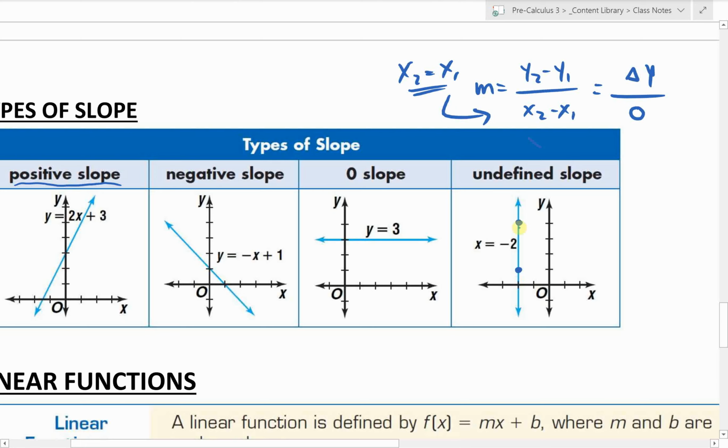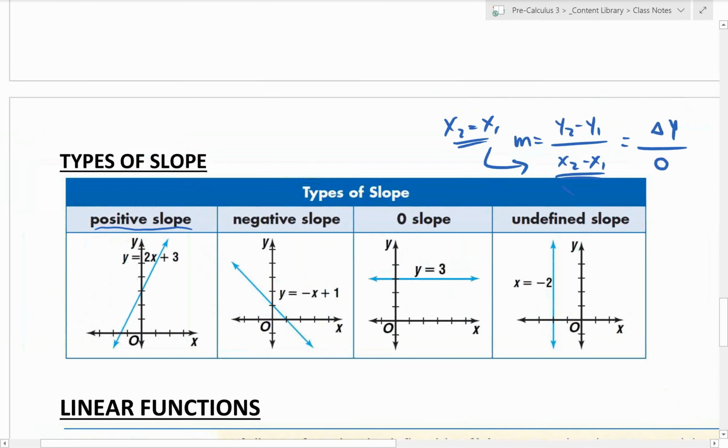If you have two points with the exact same x coordinate, that forces you to draw a vertical line. So when we say an undefined slope, we really just mean a vertical line. And the vertical line is given by x equals some number because every single point has to have the same x value. So if you've ever wondered why we call it an undefined slope, now you know.